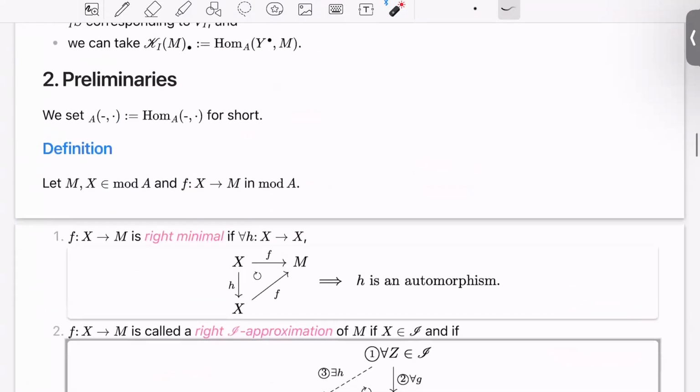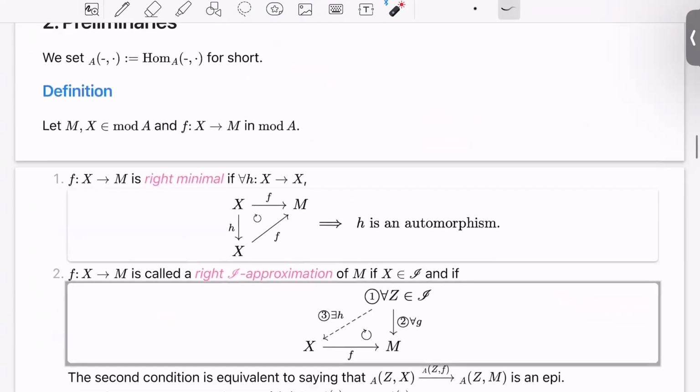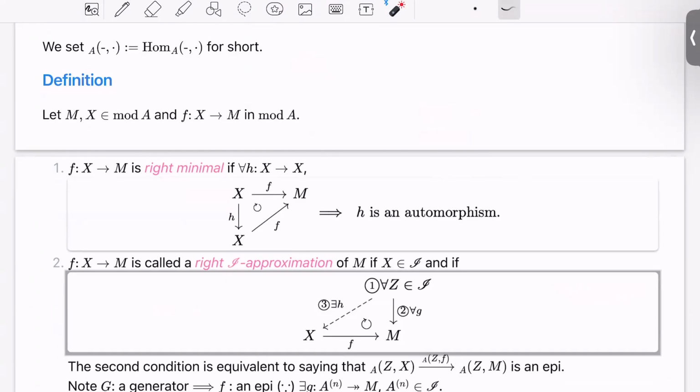Now I will go into detail. So now I have to define I-relative homology. First, let X and Y be any modules, and f a morphism from X to M. Then this f is called right minimal if for any endomorphism h from X to X, with the property that f = hf, h should be an automorphism.